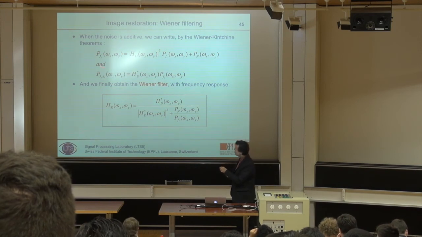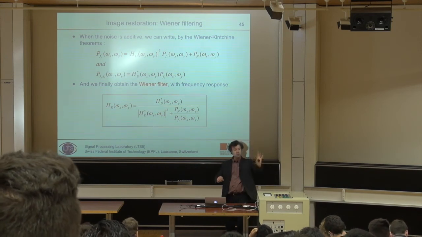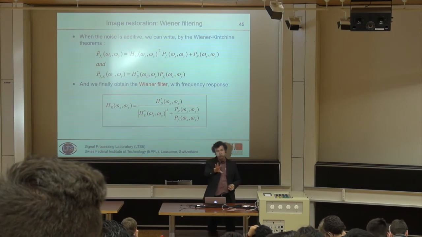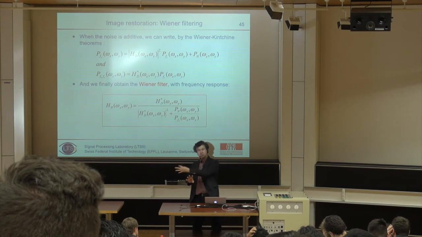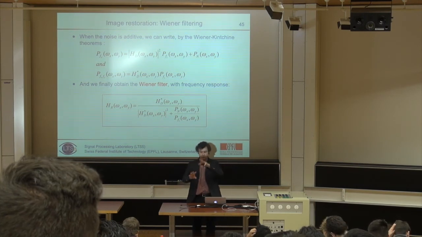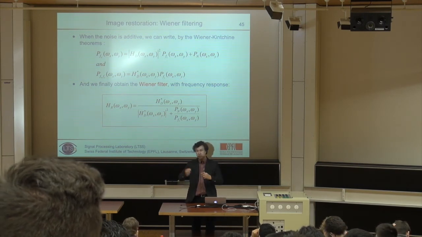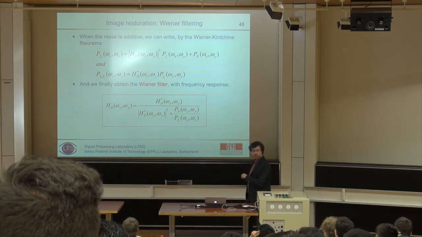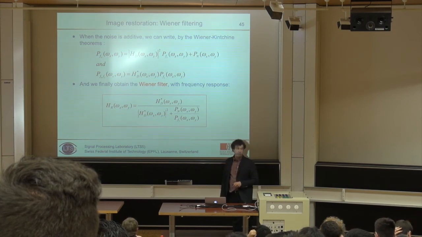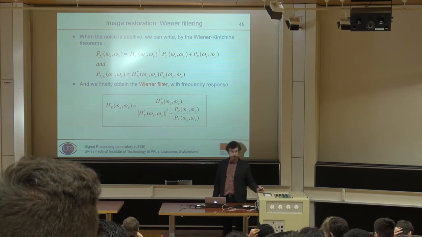The power spectrum, if you have a system with an input, an impulse response, and an output, a linear system, a signal goes through a system, so you have the input, the impulse response of the linear system, and an output. The power spectrum of the output is related to the power spectrum of the input by the square of the frequency response, which is logical.